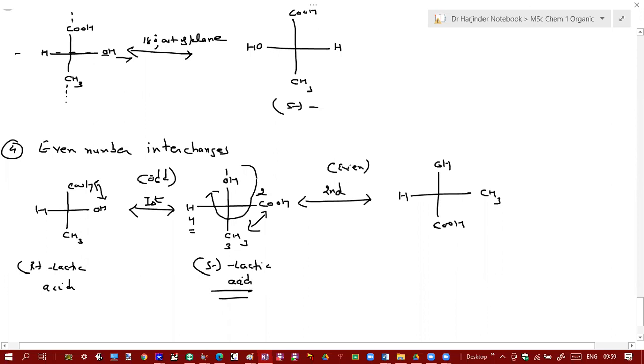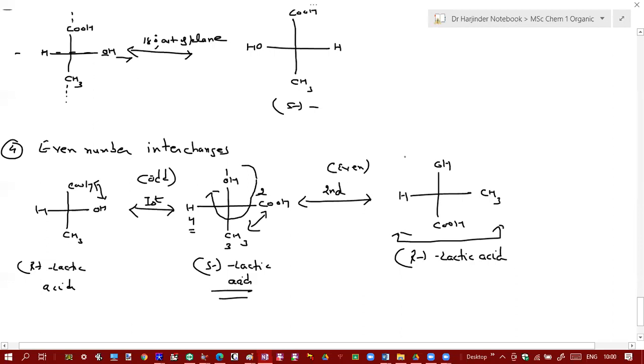But when you do the second interchange, an even number of interchanges, what is the configuration of this lactic acid over here? R. It is R lactic acid. So what can you conclude?